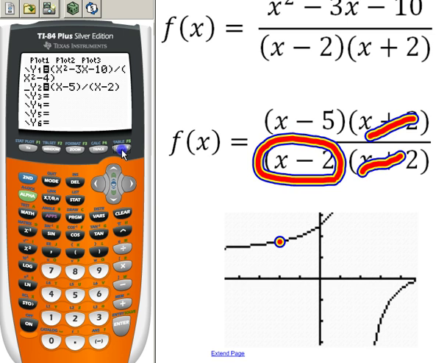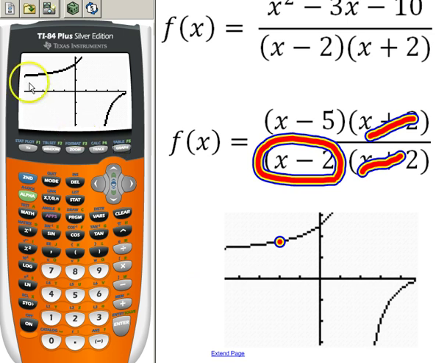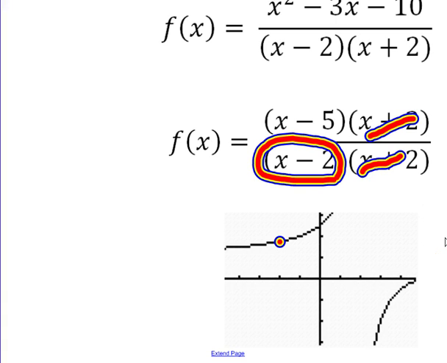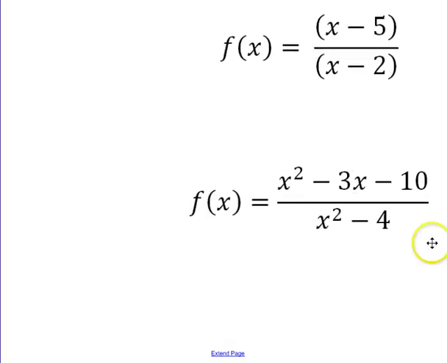So watch what happens. I'm going to hit graph, and if you'll notice, it's the exact same graph. It had the lighter one underneath at first, and now it has the darker one over the top of it. The difference is that there's no hole right there. So actually, these two functions are not the same. My first function, which I have here down on the bottom, actually had a hole and a vertical asymptote.